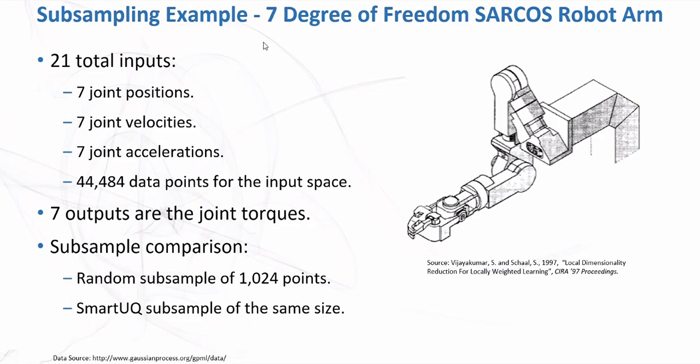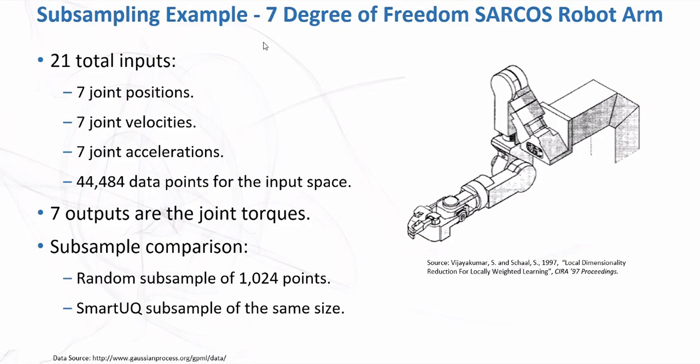If there's important information, maybe the rare activities the robot arm undertakes have very high torque values or critical cases we want to be studying, we want to be exploring. We don't want to miss those cases by randomly picking from this data. So that's where subsampling can come into play. We can pick a small sample of this data that will, as best as possible, cover the full input space available.